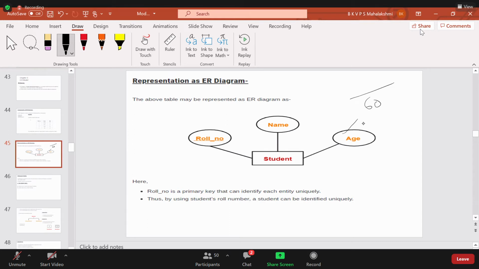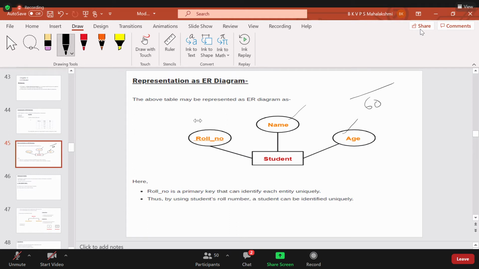We are not sure that name has unique values; it has some redundant copies. These are attributes that have some redundant values.